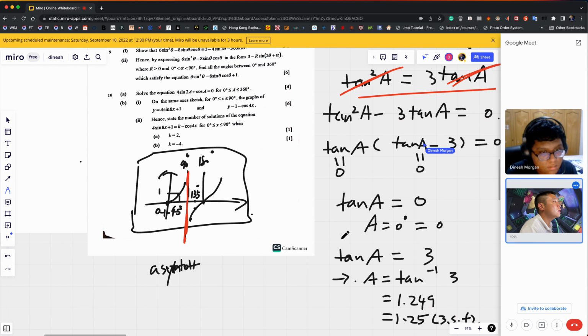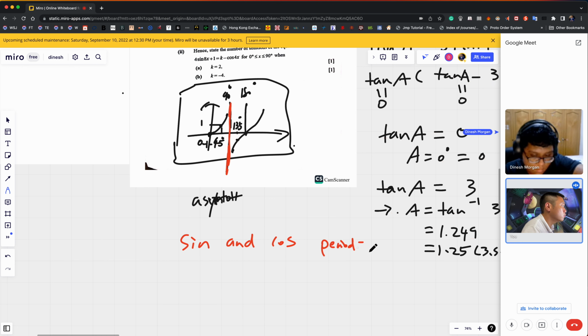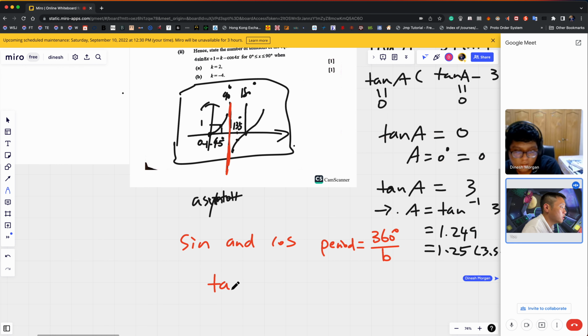Since we are talking about the basic curve of tangent, I just want to let you know once again, for sine and cosine, the period is equal to 360 divided by b. For tangent, the period is 180 divided by b.